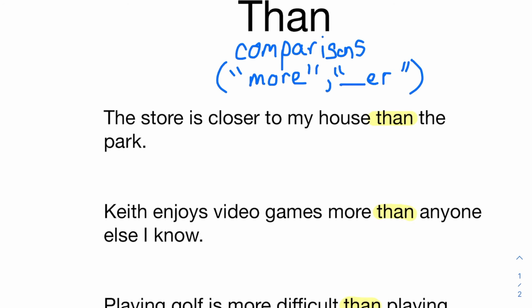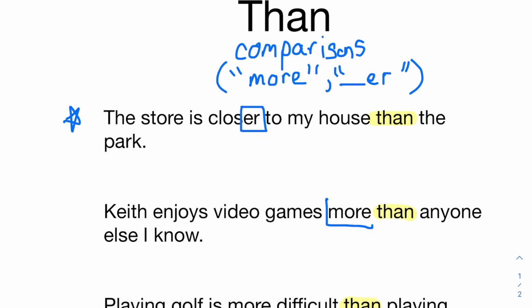So how about that first example? The store is closer to my house than the park. So did we catch it? Hopefully if we look above at our hints in the parentheses there, we were able to catch that "closer" has the ER. That's our little hint that we're looking at a comparison here. One thing is closer than another. Keith enjoys video games more than anyone else I know. Did we catch the key word on that?